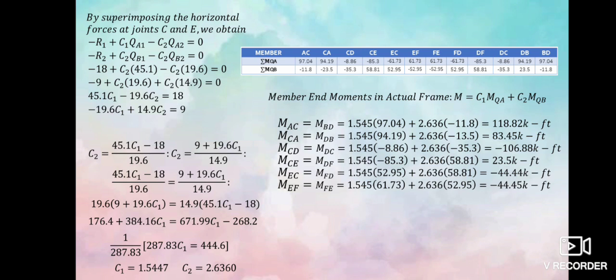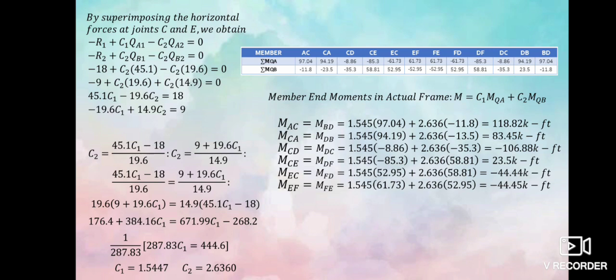And just keep on going. Substitute your C1, C2, and moments QA and QB, and you will get your results. For moment CA equals moment DB, your answer is 83.45 k-feet. Moment CD equals moment DC, the answer will be negative 106.88 k-feet, and so on.